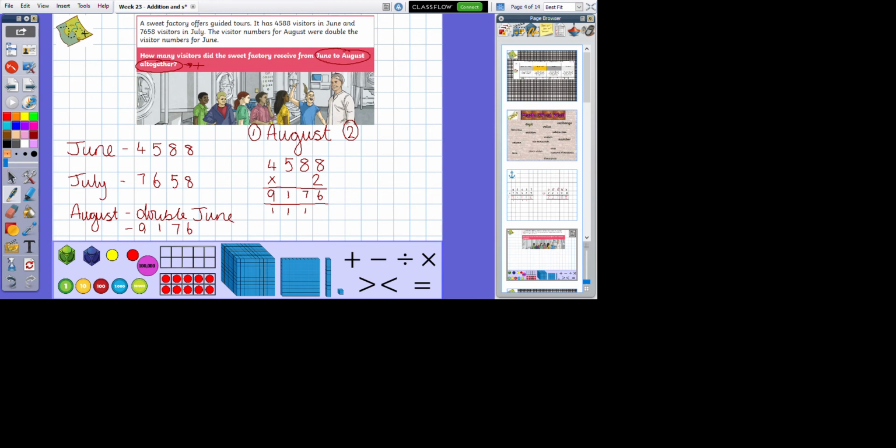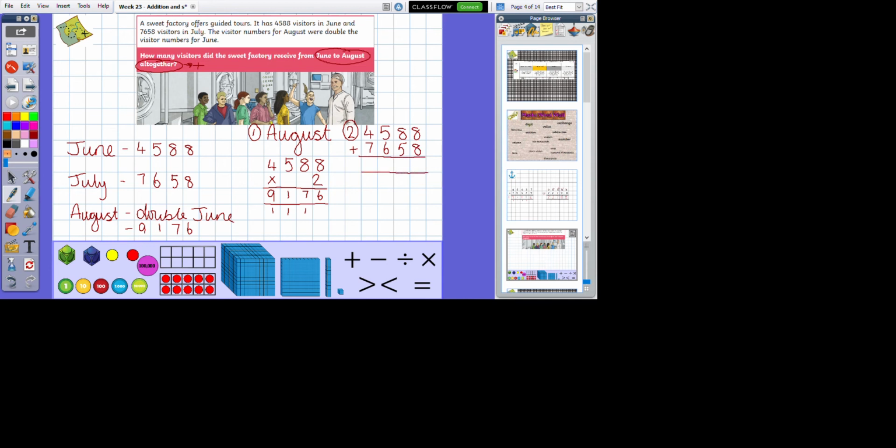Okay, but now I think I'm going to do June, add July, then I'm going to add on August. So I'm going to do 4,588 add 7,658. So this is June and July to start with.